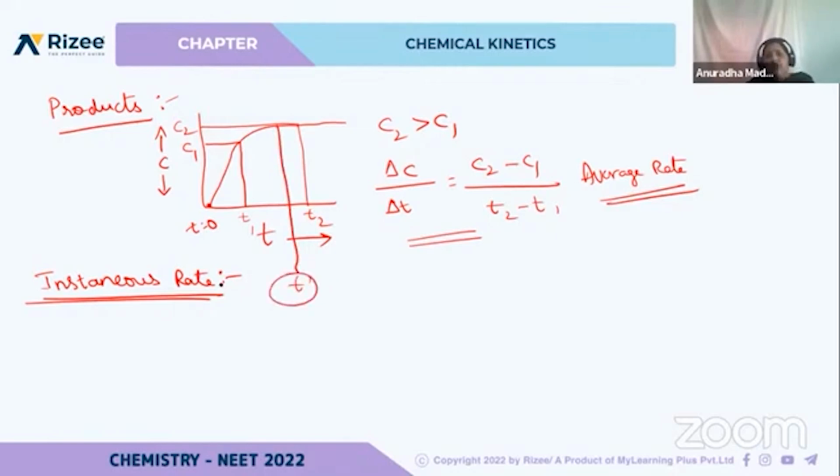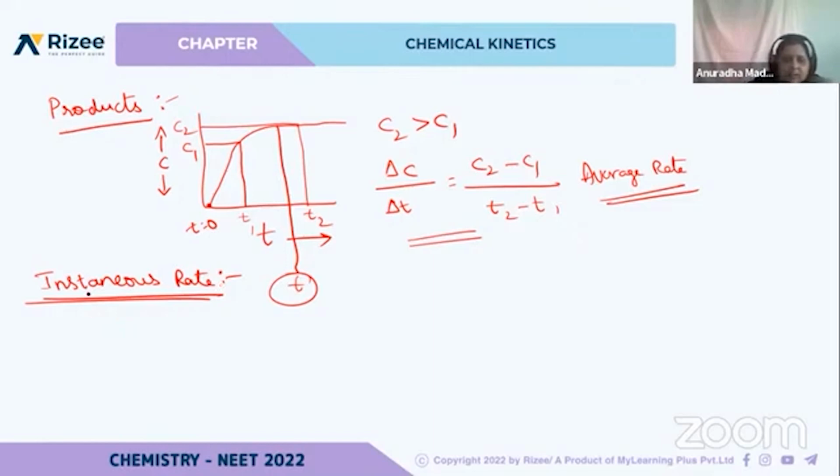If we want to calculate the rate at a particular time, not in a time interval gap, then that rate of reaction is known as the instantaneous rate.